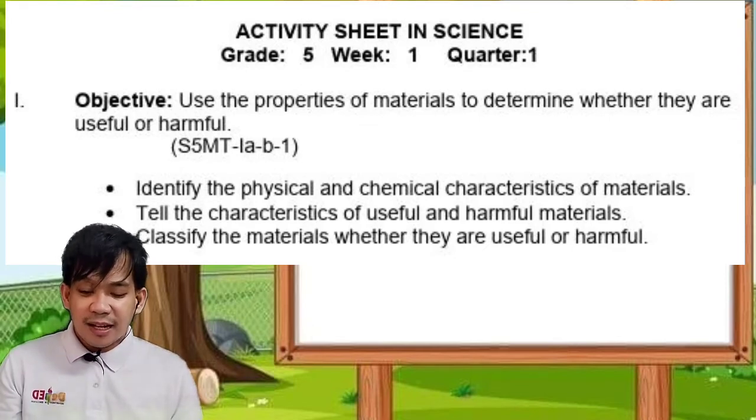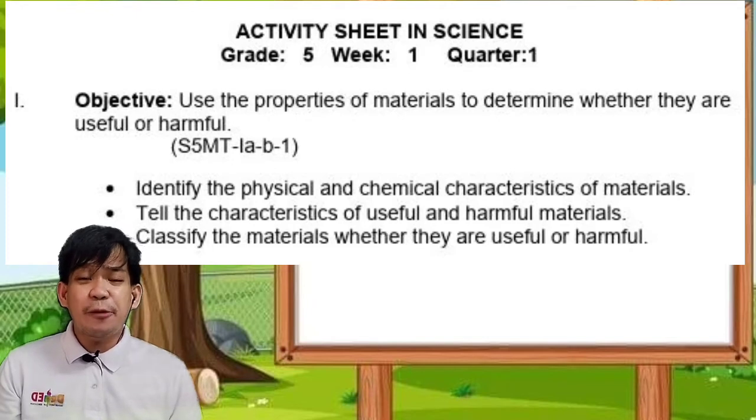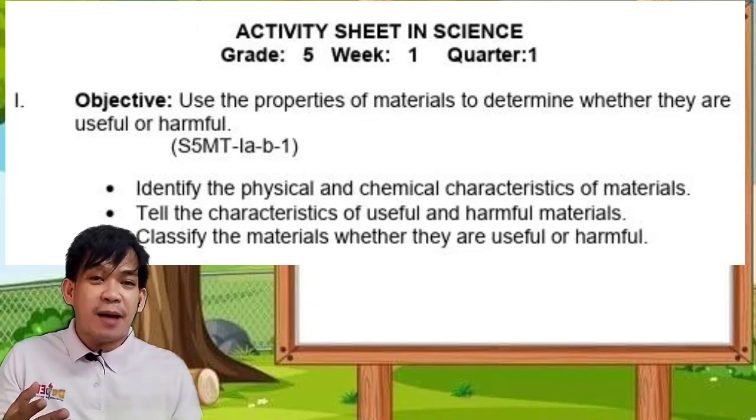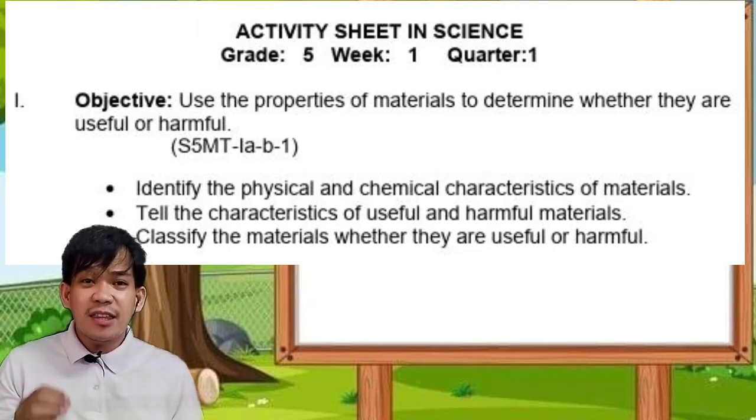Third, classify the materials whether they are useful or harmful. So, meaning to say, my dear pupils, at the end of this discussion, or even if we extend it, since you are at home, within this week you should be able to understand these different targets or objectives. You should have attained it.